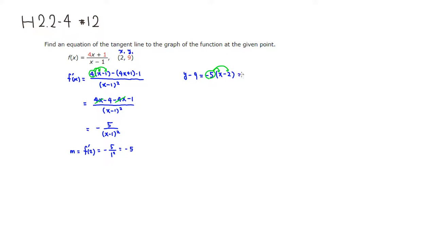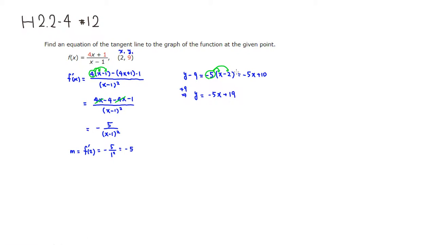We get negative 5x plus 10. Then I'm going to add 9 to both sides, so you have y is equal to negative 5x plus 19.